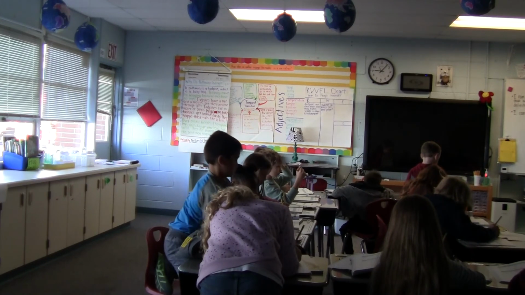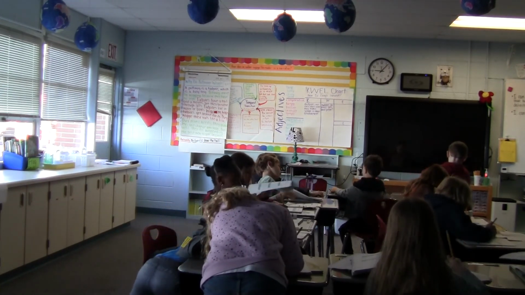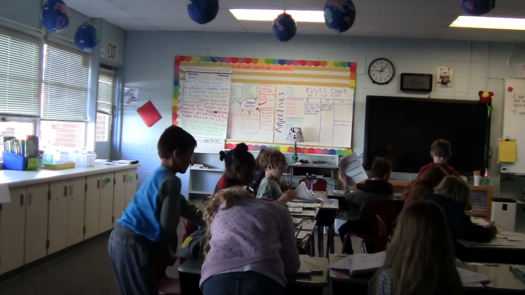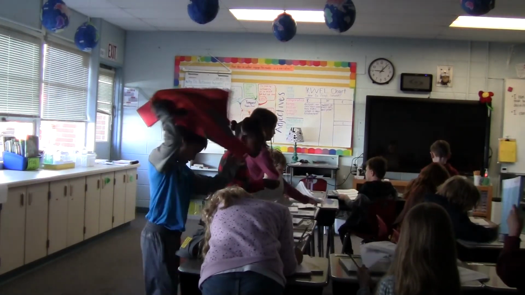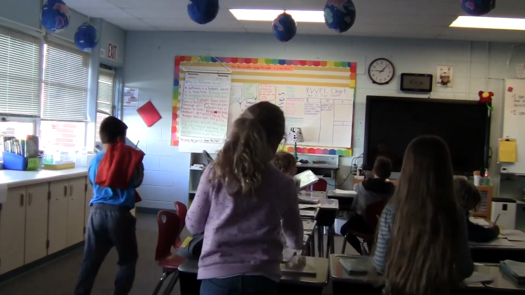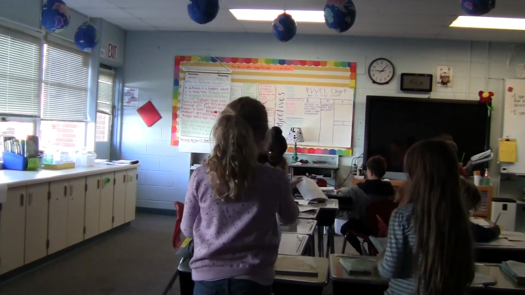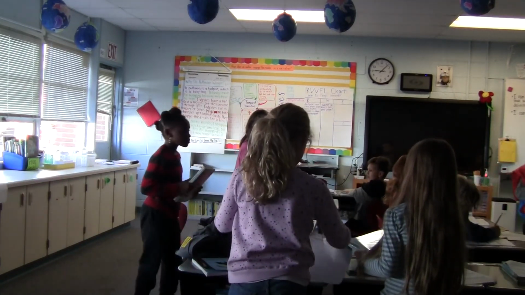Close your workbooks. And just pass everything forward. And we'll make separate piles up here. So just pass all three of your books, two of your books and your paper, pass them forward, and then we'll make a stack.